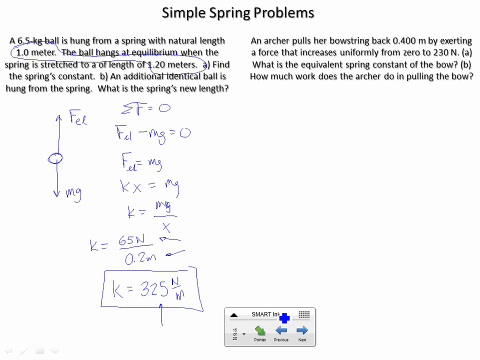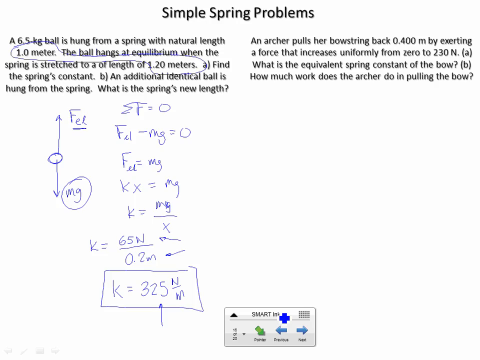Uh-oh. An additional identical ball is hung from the spring. What's the new length now? Well, if we hang an additional ball, it's going to have the same mass as this one. So now the force is 2 mg.